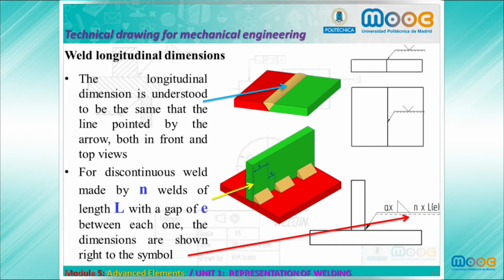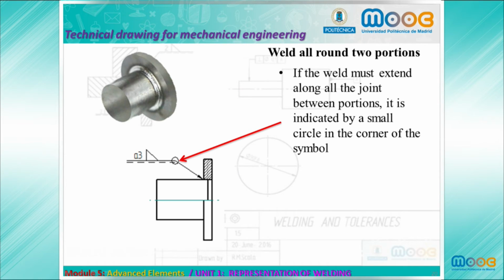In case we have a discontinuous weld made by n welds of length L with a gap of E between each one, the dimensions are shown right of the symbol in this format: n times L brackets E. Well, in some cases we have to indicate that the weld is around two portions with a complex profile or a simple profile, like in these cases.